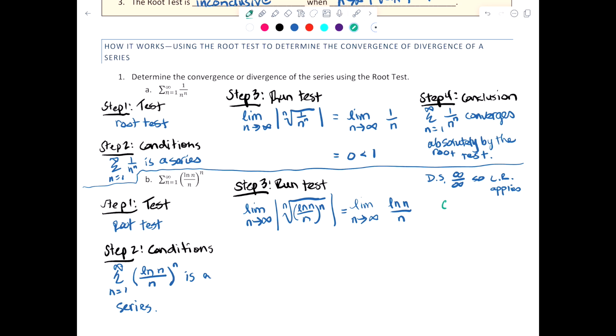So now we'll need to consider the function that's related to the sequence. And so we'll be looking at f of x is equal to natural log of x over x. And when we evaluate the limit as x approaches infinity of natural log of x over x, that will be equivalent to the limit as x approaches infinity of the derivative with respect to x of natural log of x over the derivative of x.